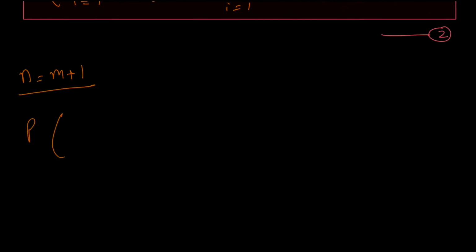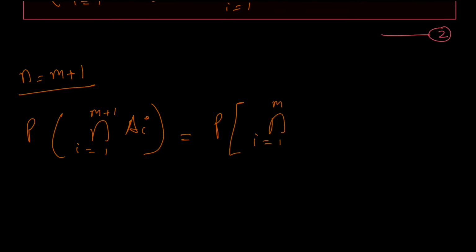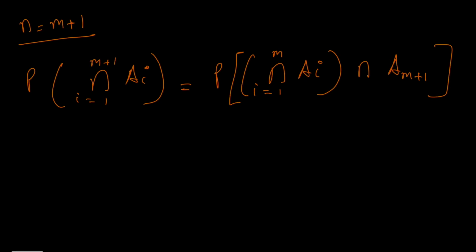P of intersection i equal to 1 to m plus 1 of Ai can be written as P of intersection i equal to 1 to m of Ai, just like we did in our Boole's inequality proof, the link to which is shared along with this video. We are dividing it in this fashion. Simple stuff, I'm just describing it again.